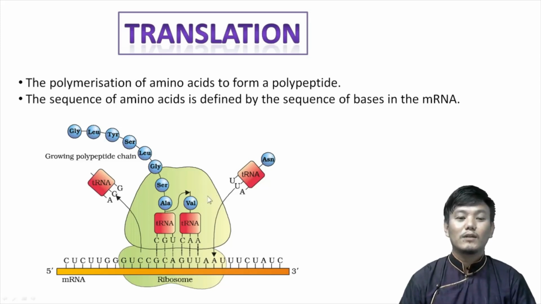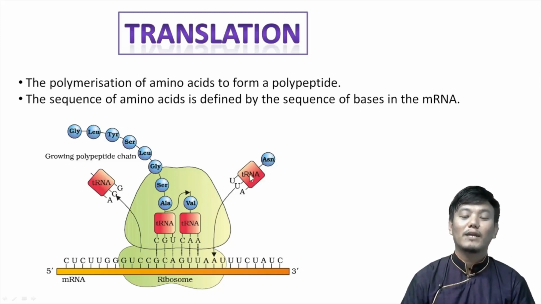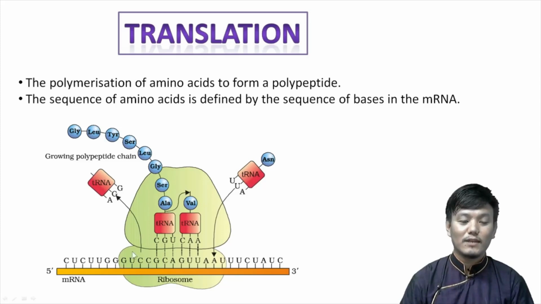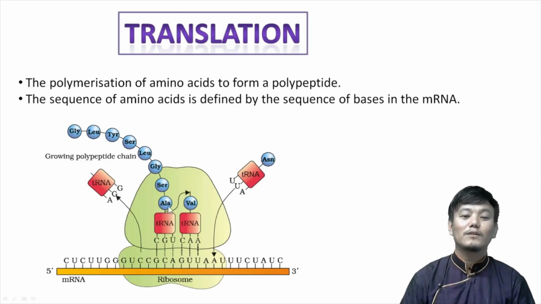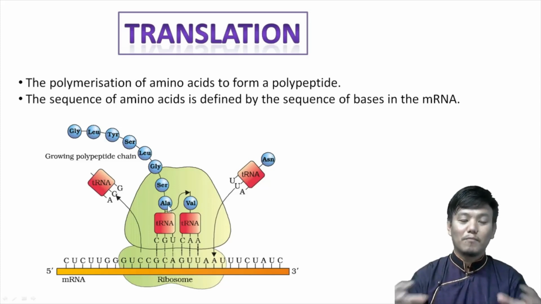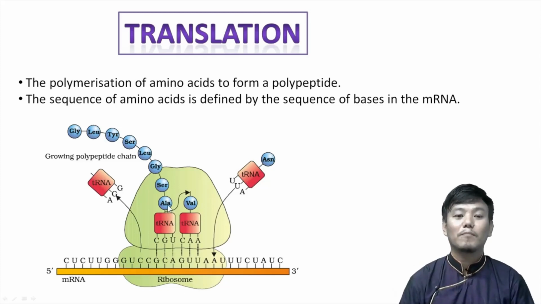In this particular structure, tRNA, or transfer RNA, is the one which brings the amino acids. Individual amino acids will be brought to the protein factory by transfer RNA. Inside this ribosome-RNA complex, the amino acids will be bound with each other through peptide bonds.